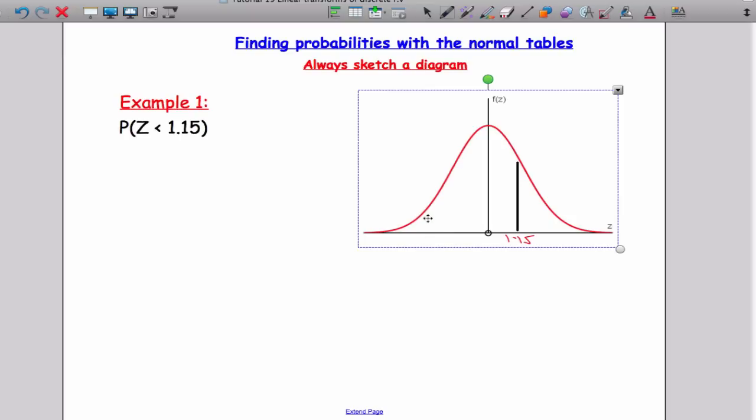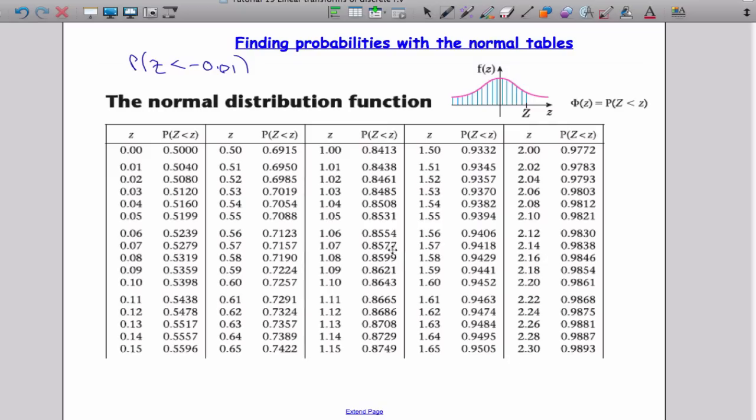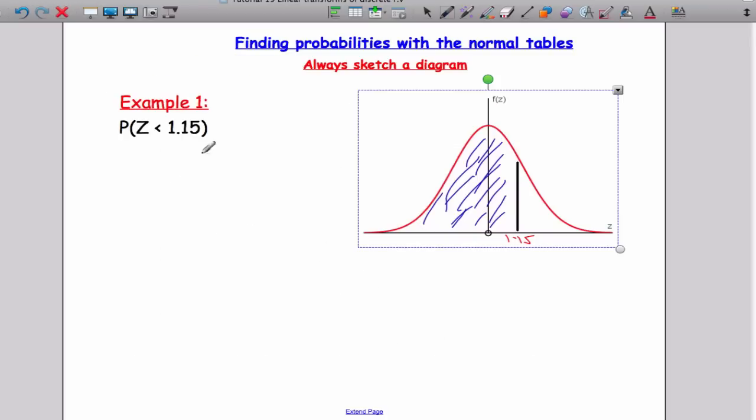So what I'm trying to work out is the area to the left of this line, because it's less than 1.15. So what I do is I go to my table and I look up where Z is 1.15, and we can see here that the answer is going to be 0.8749.